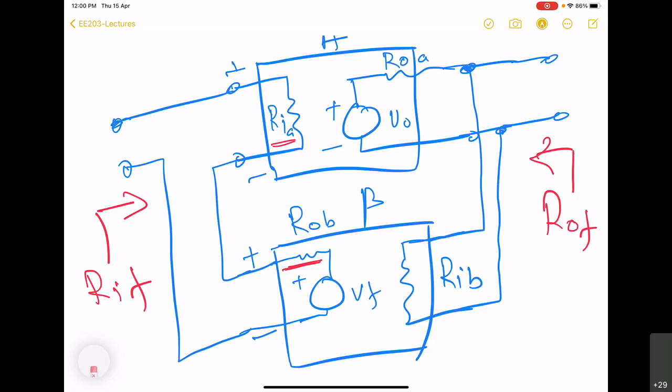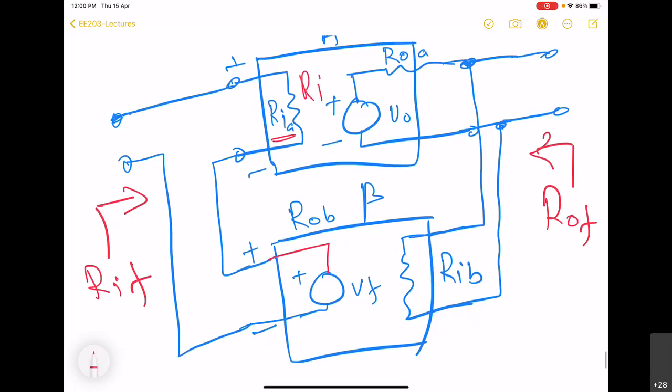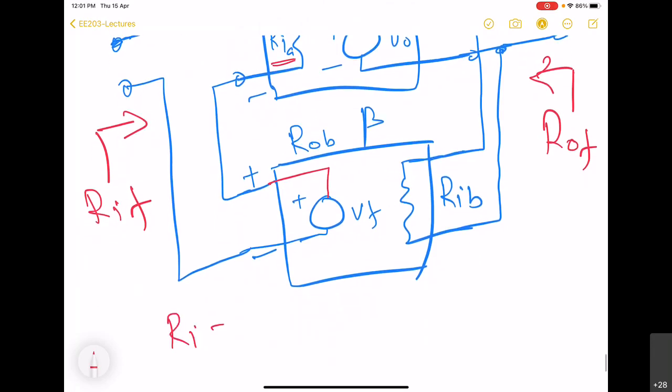So what one can do is one can simply remove this impedance from here and assume this ideal condition on the output side of the beta network and modify this input impedance of the amplifier and say that this is Ri, and this Ri in this case is going to be RIA, the input impedance of amplifier, plus the output impedance of the feedback network.